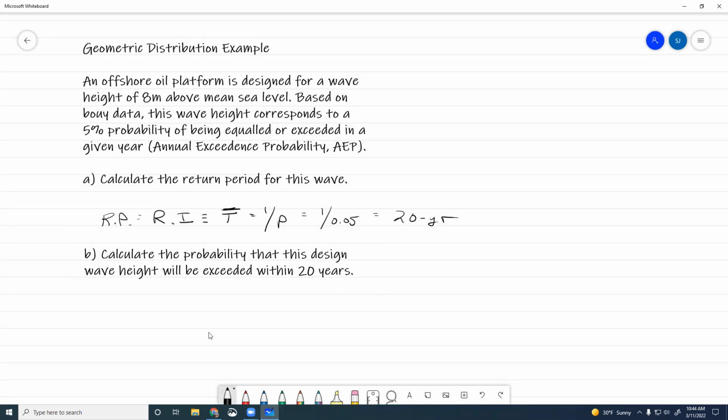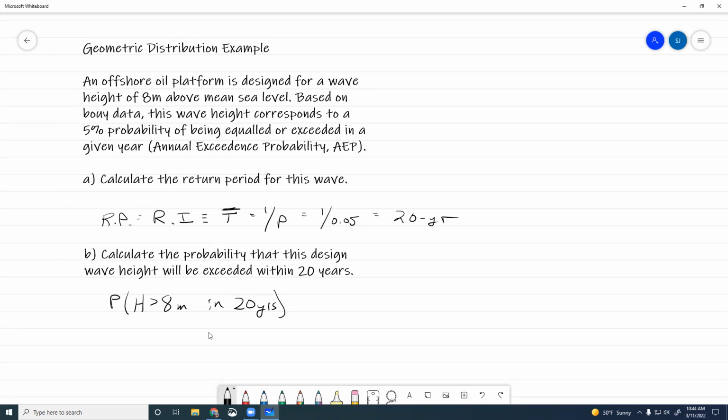And so this would be the probability that the height is greater than 8 meters in 20 years. And maybe that's the operational life of a platform, 20 years before they have to decommission it or something like that.